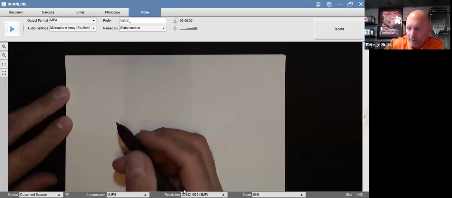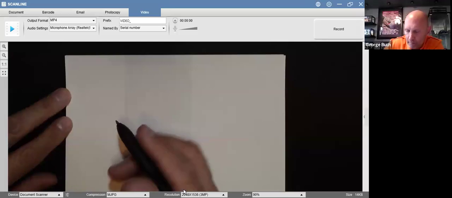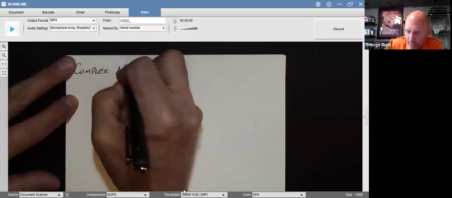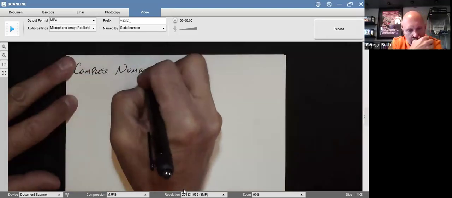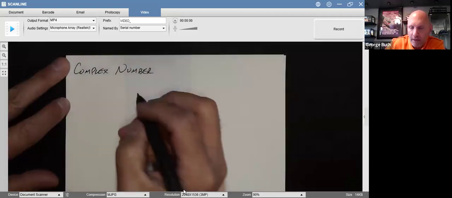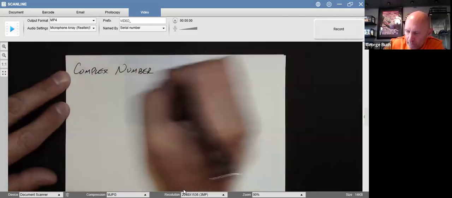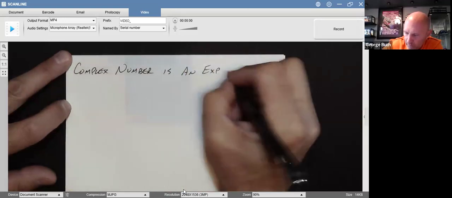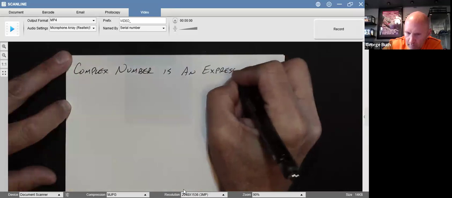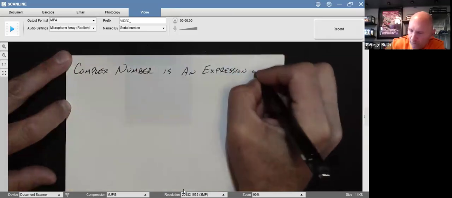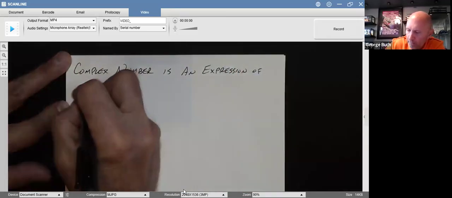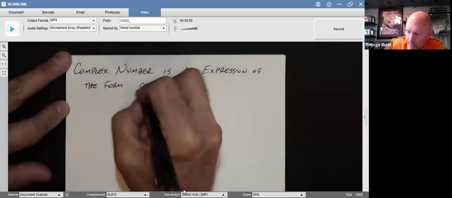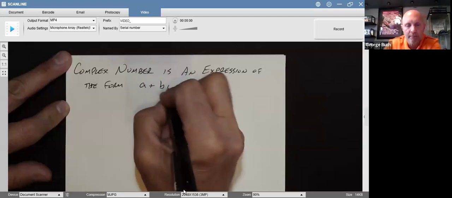All right, so first, the definition. What is a complex number? A complex number is an expression of the form a plus bi.